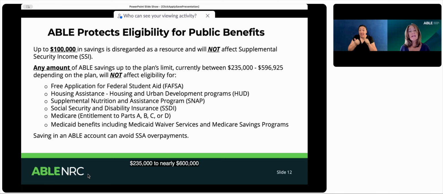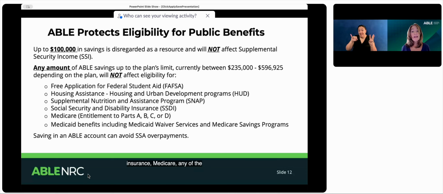Any amount of those savings in an ABLE will not affect your eligibility for other public benefits programs such as FAFSA or student aid, housing assistance called HUD, supplemental nutrition assistance programs, SNAP or other food assistance programs, Social Security disability insurance, Medicare, any of the parts, and Medicaid benefits as well.